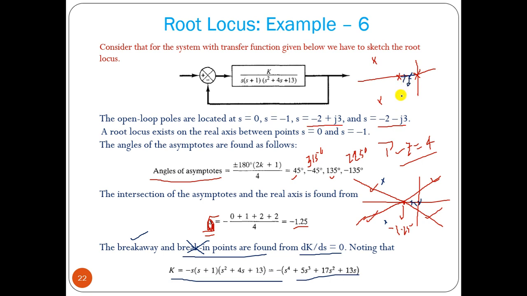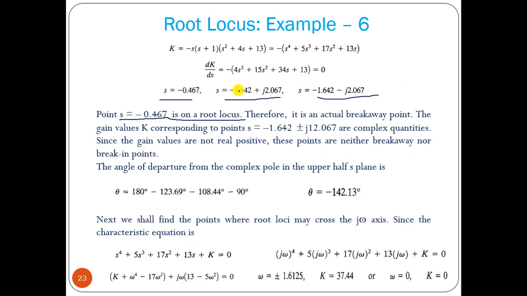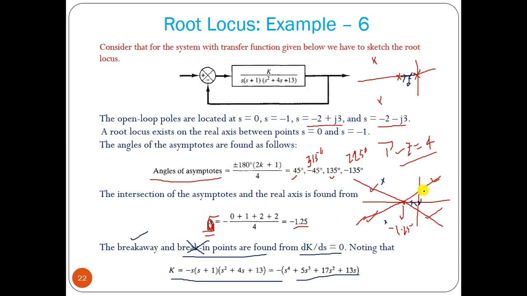What about the complex values? If we put them into the K equation and solve, you will find that K becomes complex, not a positive value. So those are not valid breakaway points. So we have one valid breakaway point here.